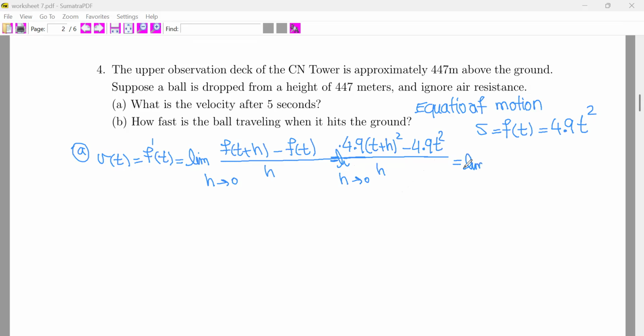And it will be simplified to, we can factor out 4.9 and then write the equation as t plus h squared. So if we apply this square here, we would get t squared plus 2 times t times h plus h squared. And we have factored out 4.9 here, and we are left with negative t squared over h when h is approaching 0.